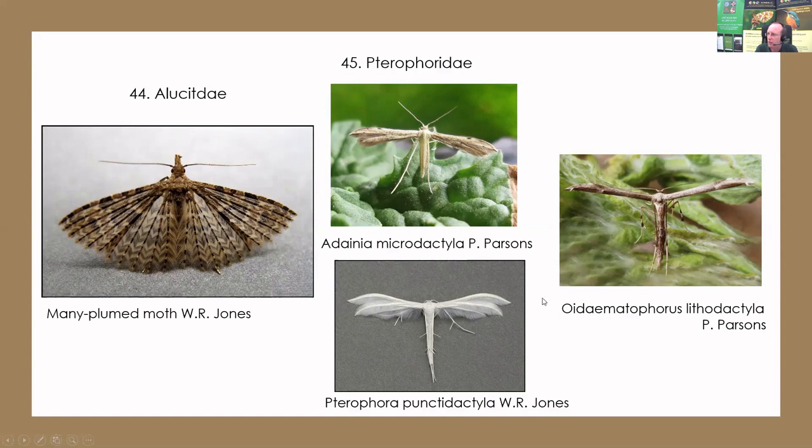The pterophorids, generally speaking, some will roll their wings, like Emmelina monodactyla, but they all tend to sit in this sort of T shape, and as I say, Hexadactyla, the many-plumed, is pretty distinctive. Feeds on honeysuckle, very common, and these feed on a variety of herbaceous plants.